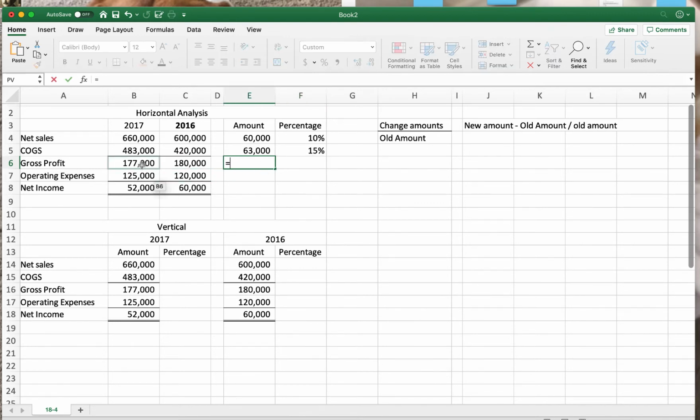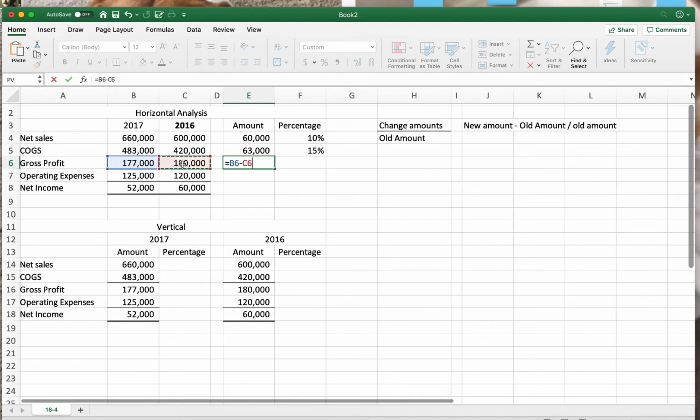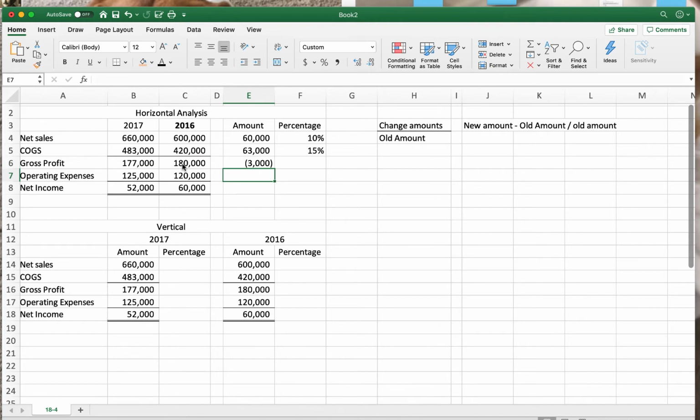Okay. Now let's look at gross profit. Again, we take the new minus the old, and we see that we have a negative $3,000. That means that our gross profit dropped $3,000 based on 2016 numbers. To figure out what that percentage is, very easy to do.